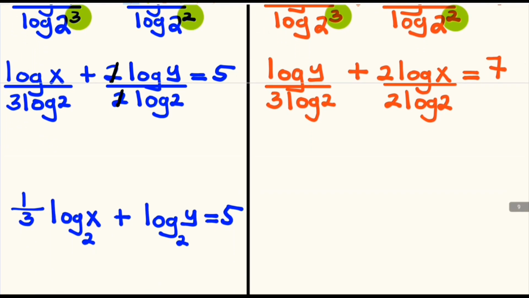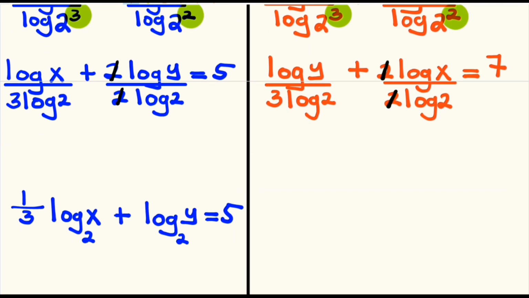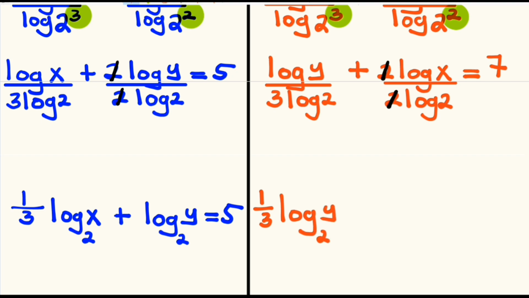We end up with 1 over 3, so the 2 and the 2 will cancel out, and we have 1 over 3 multiplied by, so we revert back, the log base 2 of y plus the log base 2 of x is equal to 7.